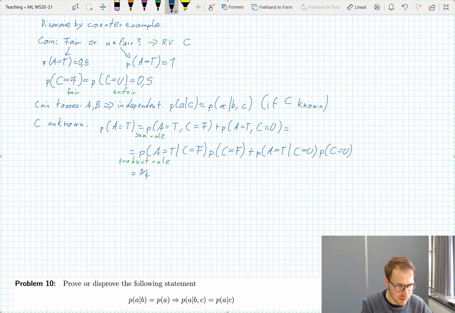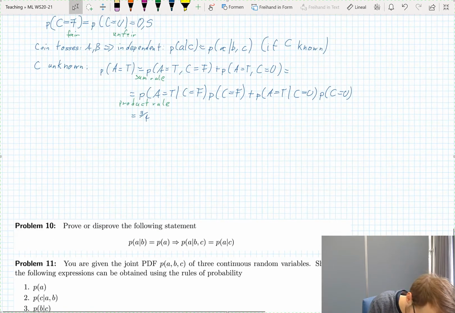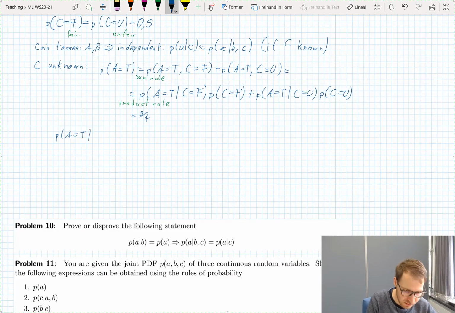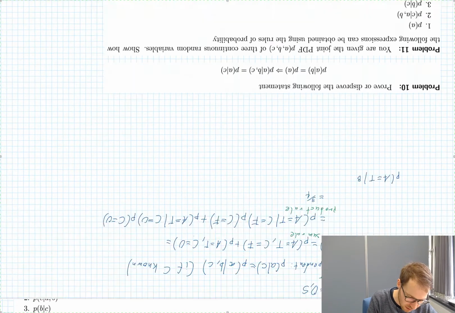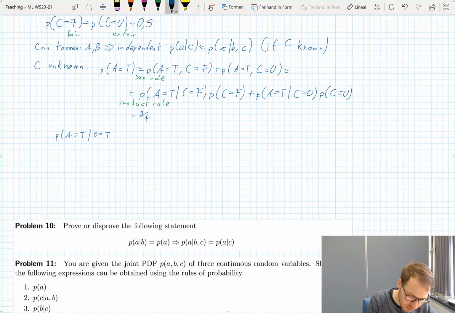Now let's do the other side. What if we now want to know P of A equals tails, given that the first coin toss is tails?